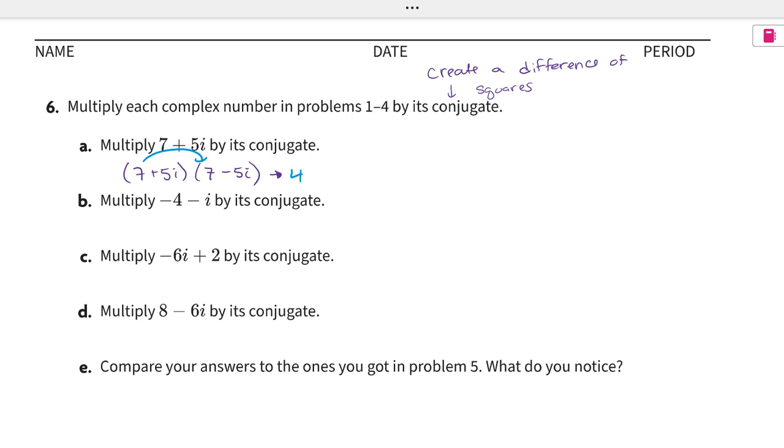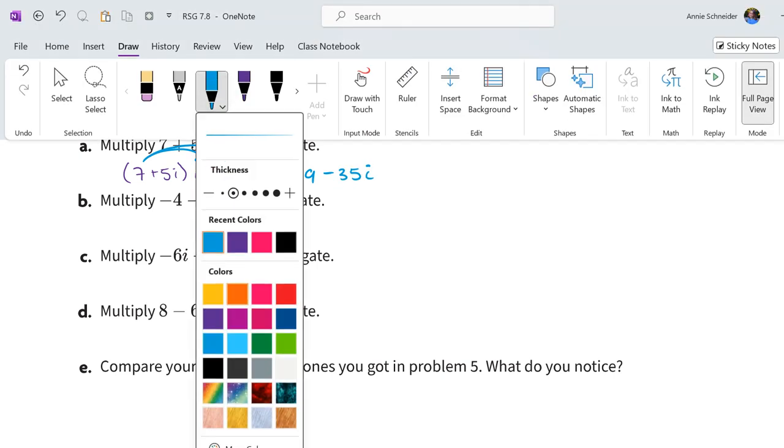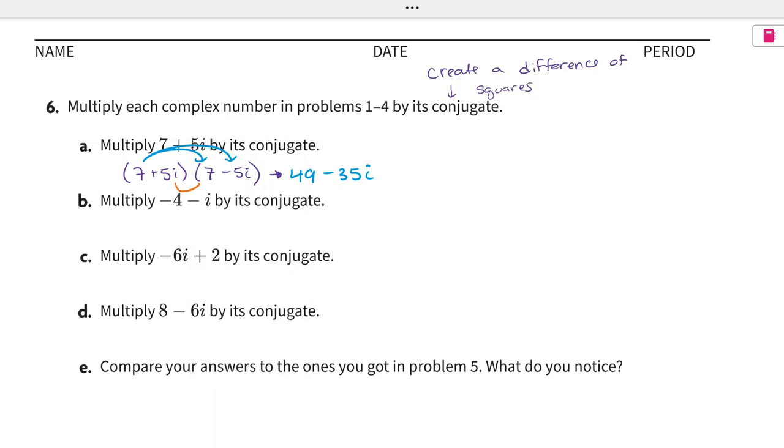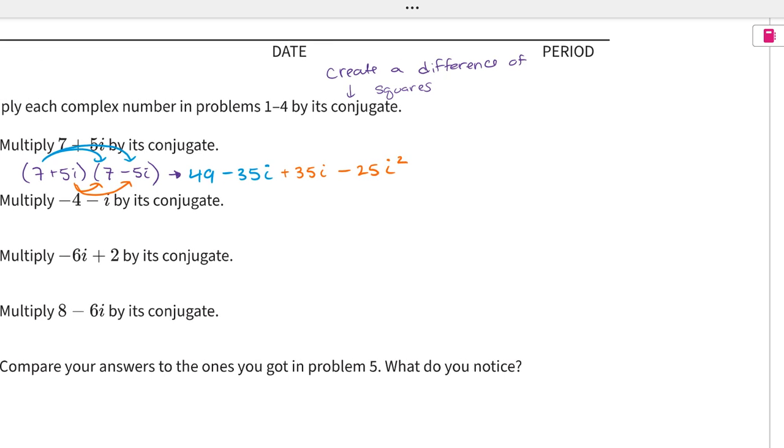So 7 times 7 is 49. And then 7 times minus 5i is negative 35i. And then here, positive 5i times positive 7 is positive 35i. And then positive 5 times negative 5 is negative 25. And then i times i is i squared.